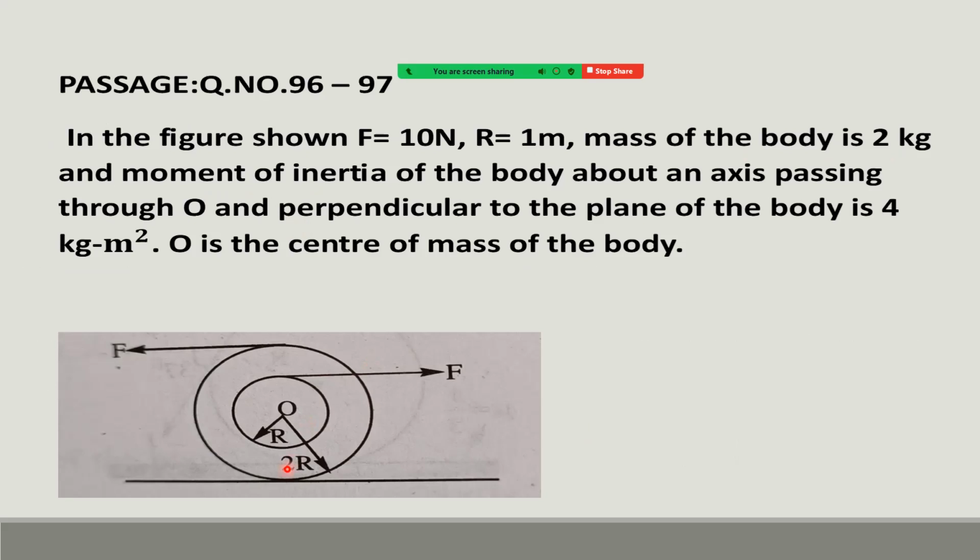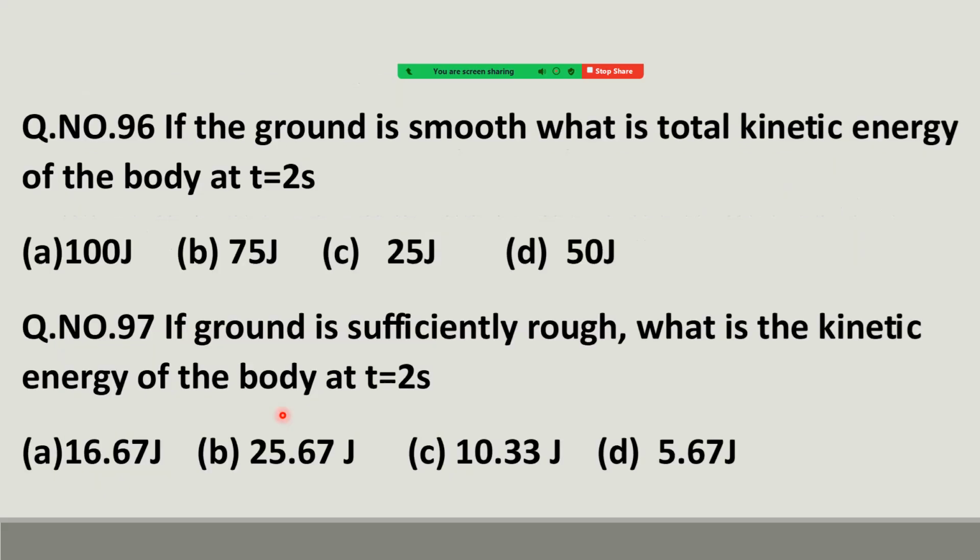Ground smooth. Its meaning is, see what is the possibility? F and F. Net force is 0. Ground is smooth, no friction. Net force 0 means the center does not move. Means now having only rotation. That means now kinetic energy will be only because of rotation. This is what we have to understand before starting the problem.